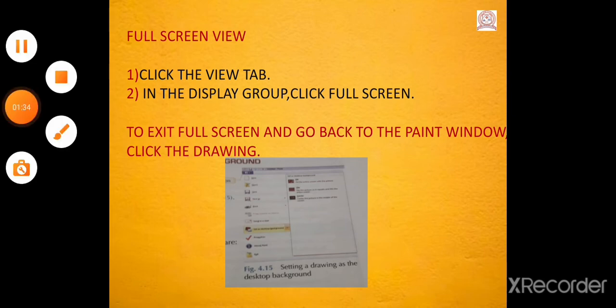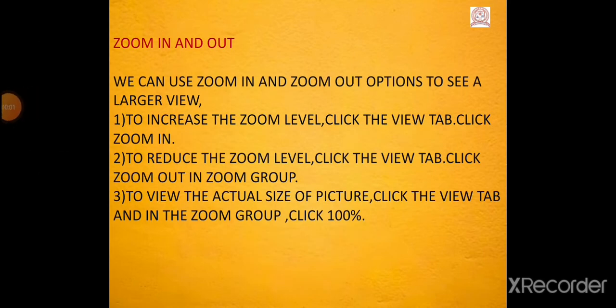Okay. We can use the zoom in and zoom out options to see a larger or a smaller view of our image. In Paint, the ways to zoom in or out are: to increase the zoom level, click the View tab. Then in the Zoom group, click Zoom in. To reduce the zoom level, click the View tab. In the Zoom group, click Zoom out.